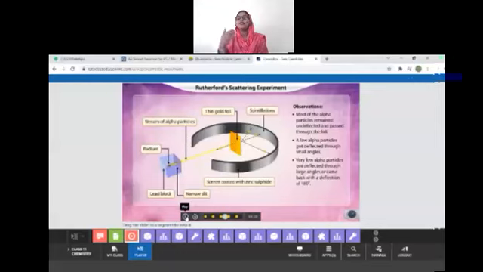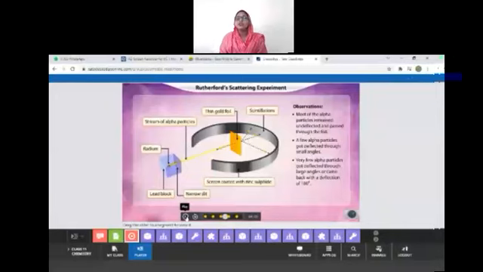So now, based on the three observations, Rutherford tried to propose a new model of the atom. These three observations proved that Thomson's atom model is not the right model.